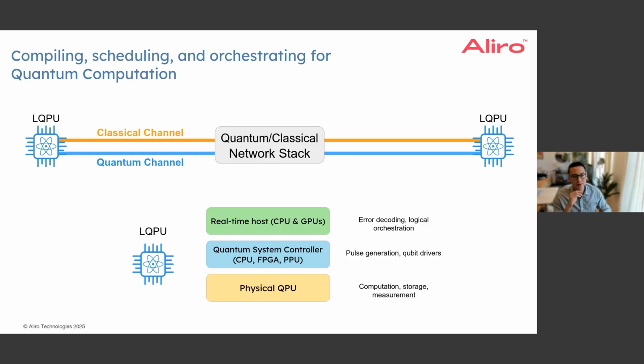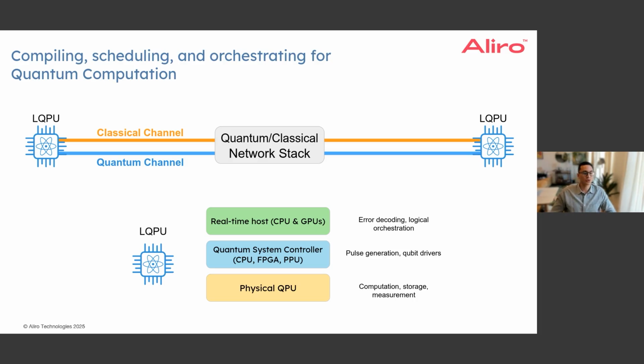And then one level lower than that, we have the quantum system controller. So this is responsible for, again, driving those physical qubits, carrying out the native instructions that the physical QPU platform can actually understand. So it's generating pulses or controlling certain laser systems to really drive these physical qubits.